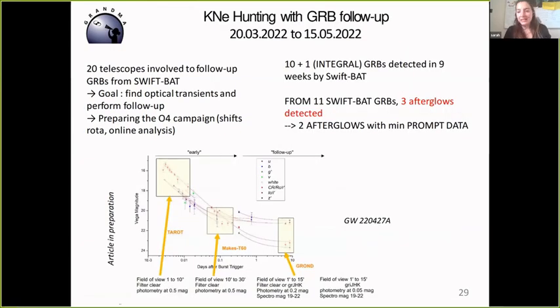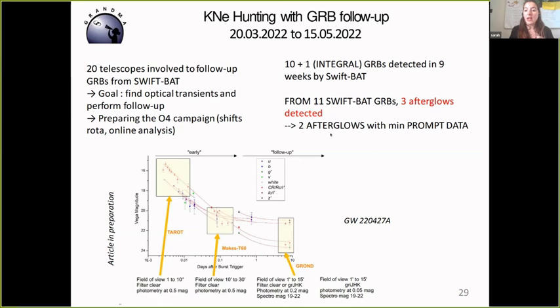And much more recently, like months ago, we also prepared, because we need to prepare all our tools, as I said, to be ready for O4. We seek kilonovae with GRBs, so not with an optical survey as before, but with GRBs, and to train how to actively respond to alerts. Over these 2 months, we observed 11 gamma-ray bursts. Among these 11, we independently detected 3 afterglows.